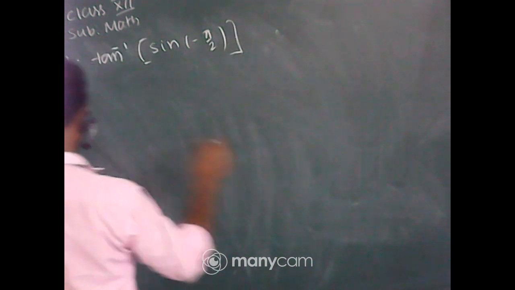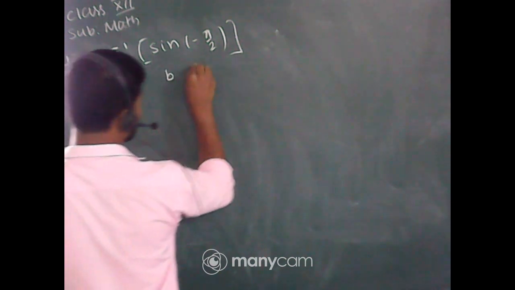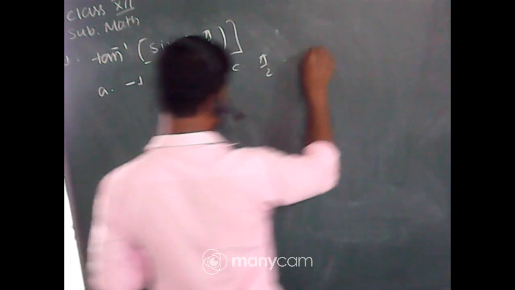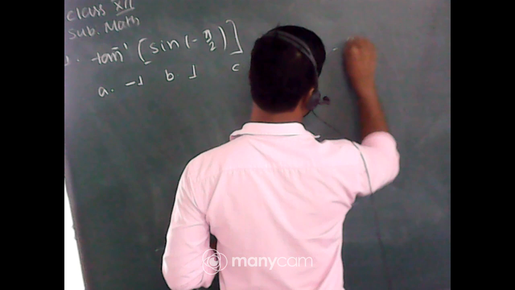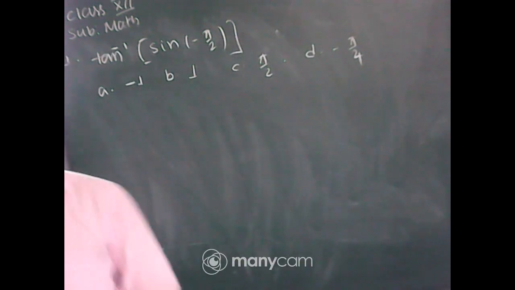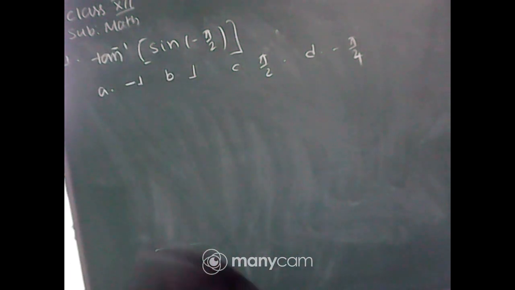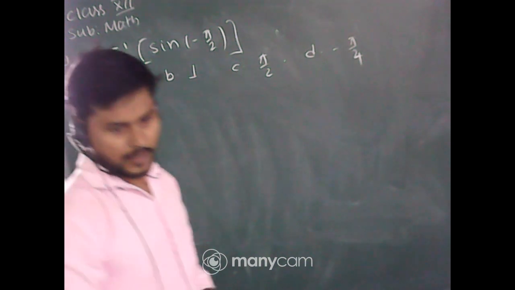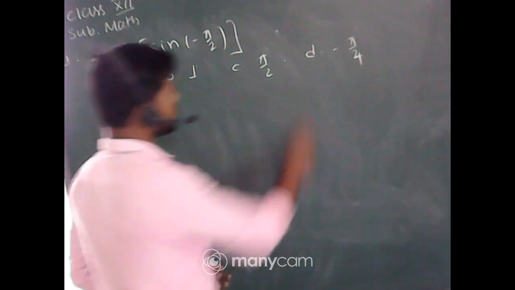The value of this is equal to A minus 1, B plus 1, C pi by 2, and D minus pi by 4. So what will be the correct answer? The value of tan inverse sine of minus pi by 2. D. Okay, the answer will be D.